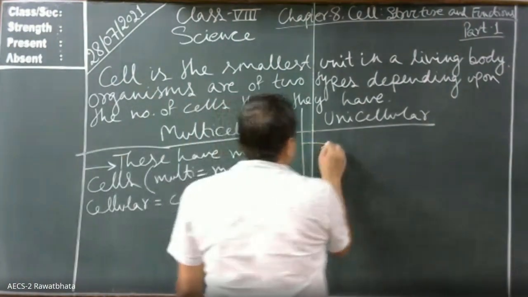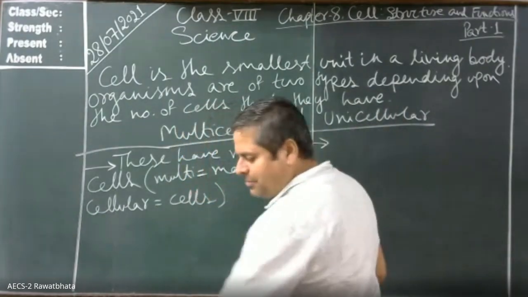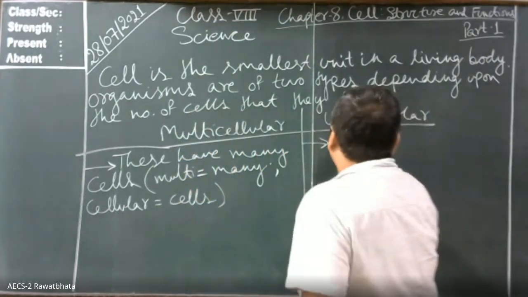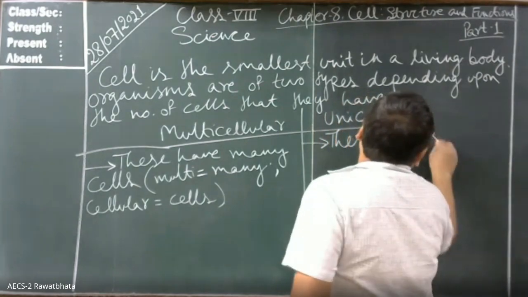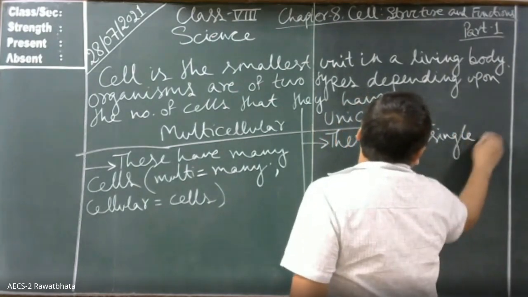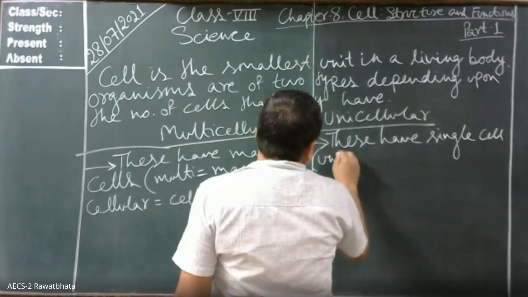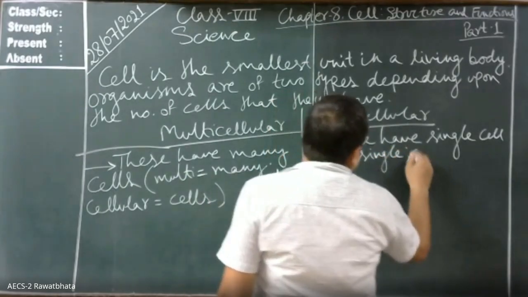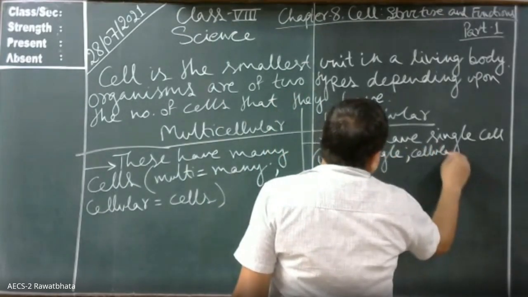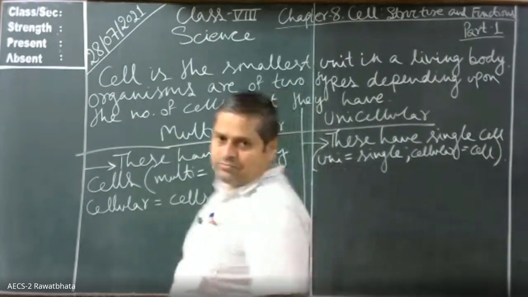Unicellular organisms have a single cell. Uni means single or one. Cellular means cell. Okay.